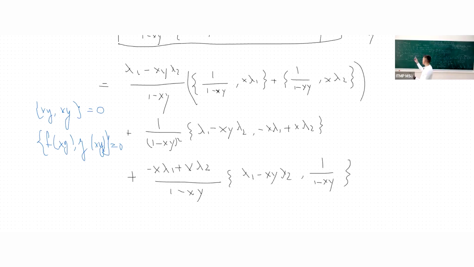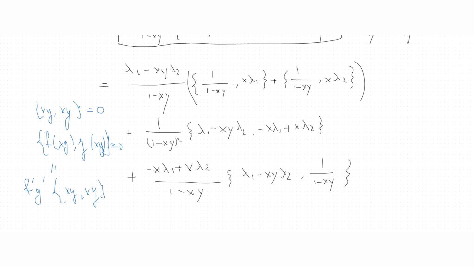Because when you calculate such an expression, you apply the differentiation of complex functions, so it is equal to f prime g prime of xy times the bracket of xy with xy.